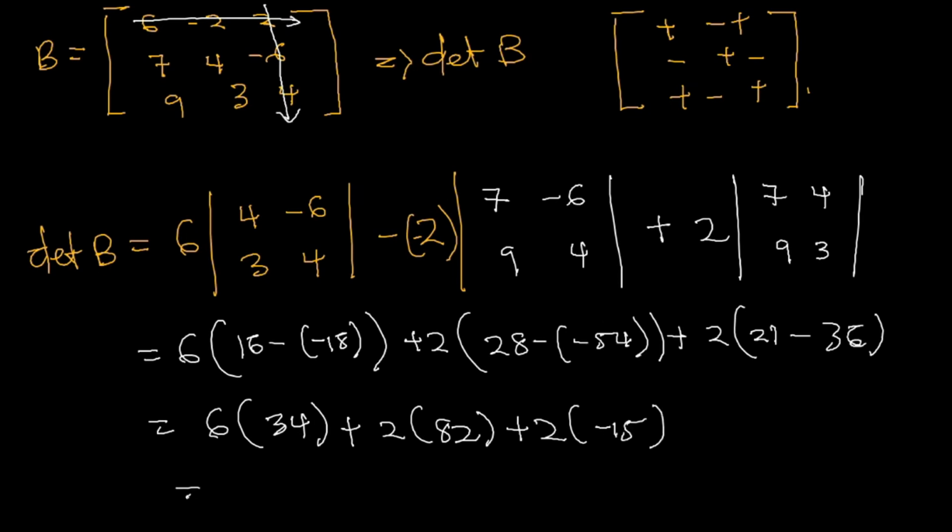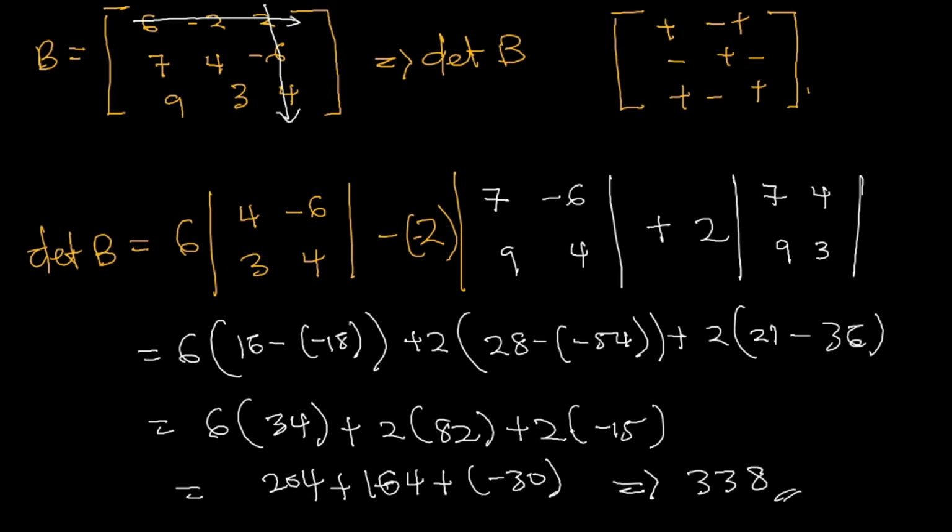Okay, so I have 6 multiplied by 34, that is 204, plus 2 multiplied by 82 will give me 164, plus 2 multiplied by negative 15 will give me negative 30. So my final answer will be what? 338 as the determinant of B.